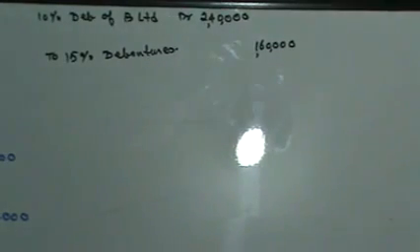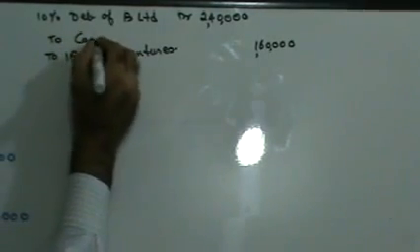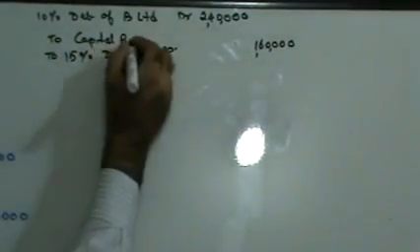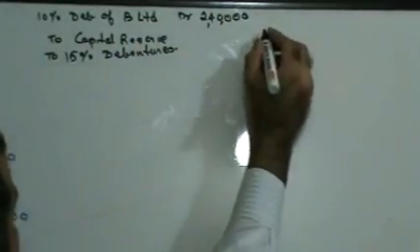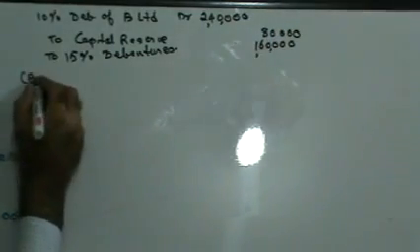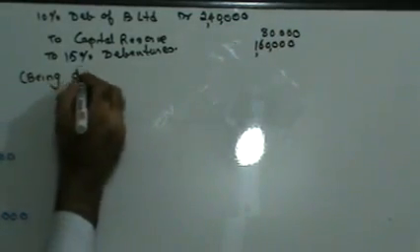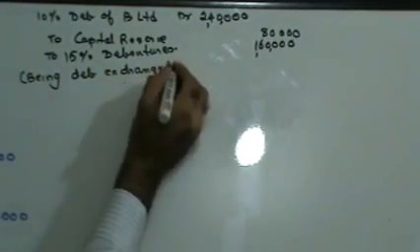The difference is going to be on the credit side. Since the difference is on the credit side, it will be called capital reserve. This is going to be 80,000, being debentures exchanged.